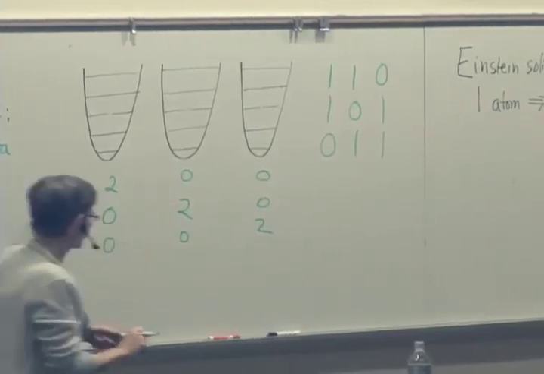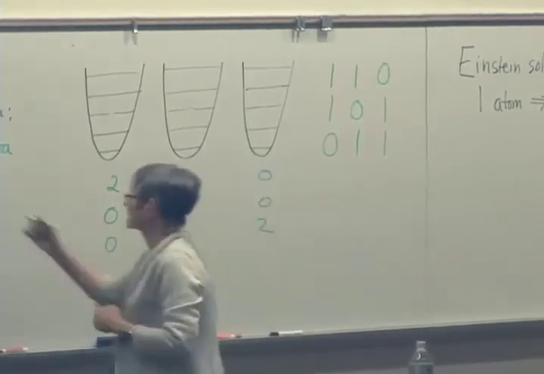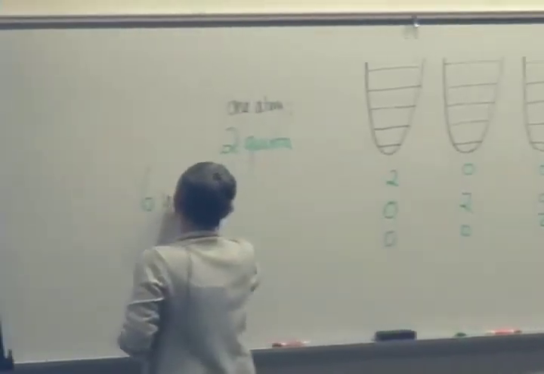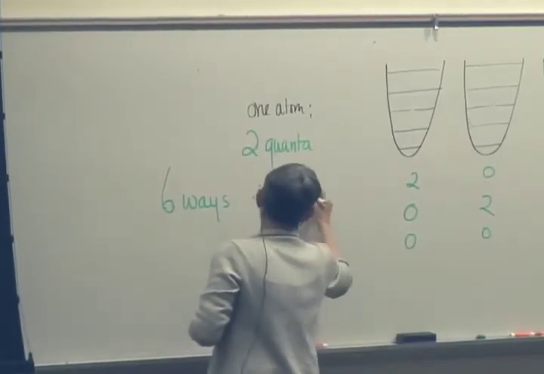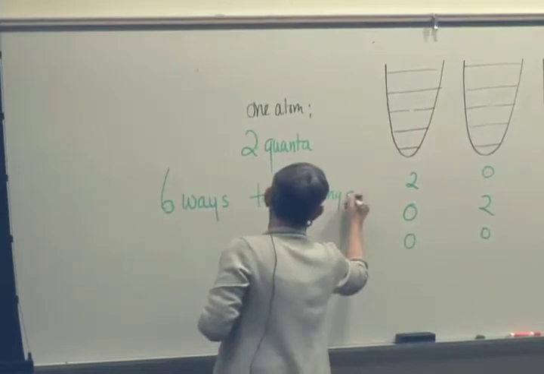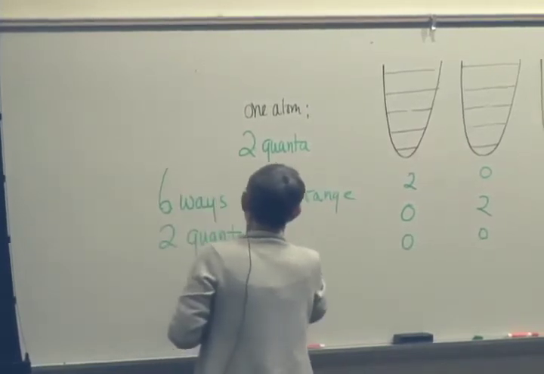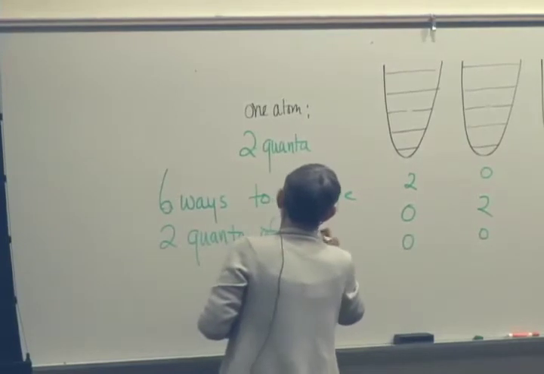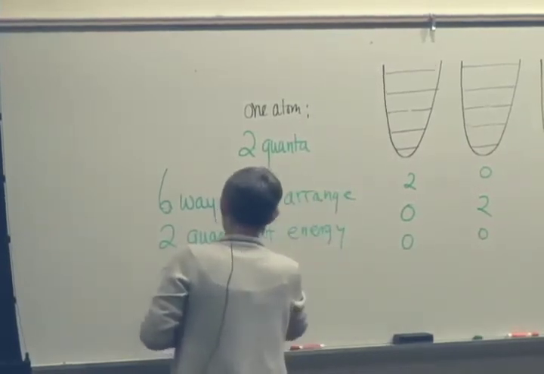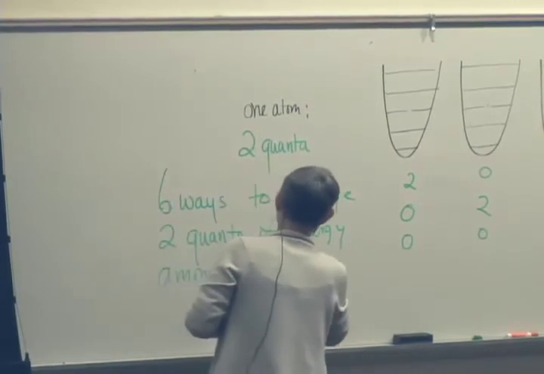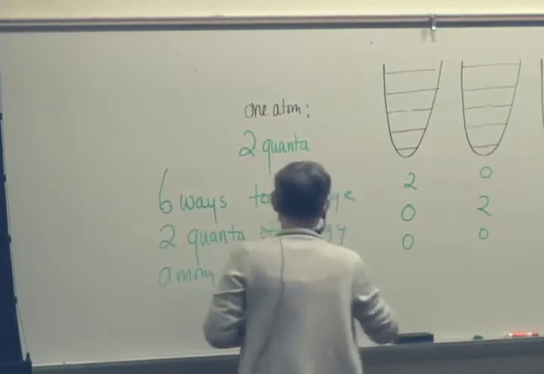So it looks like we have counted 6 ways to arrange 2 quanta of energy among 3 oscillators, or 1 atom.